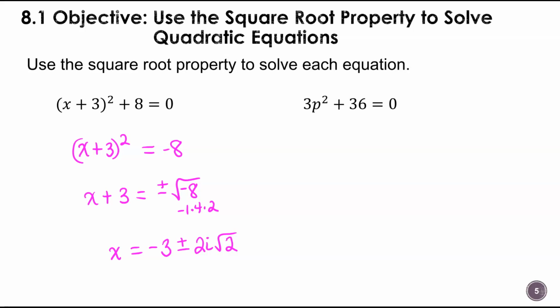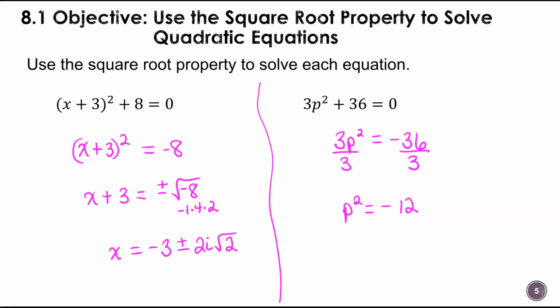All right, so on this next one we're going to have 3p² = -36, because we have to isolate the p² term first. Now we have to isolate p², so p² = -12. Notice I'm giving you lots of extra practice with simplifying negative numbers under a radical.